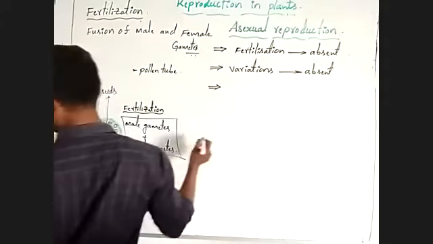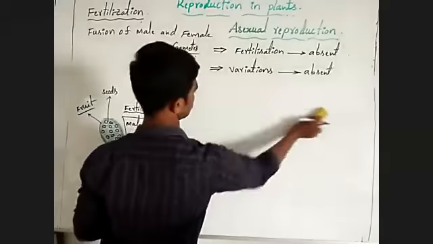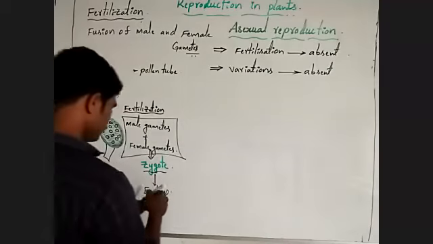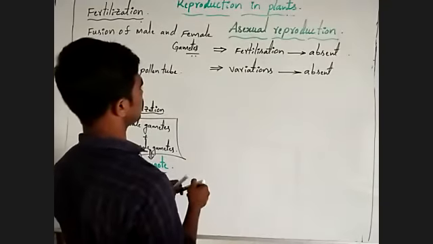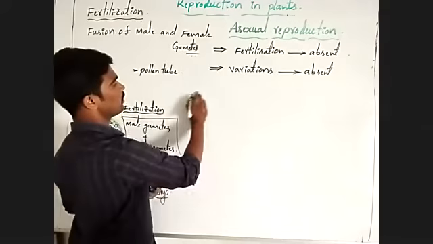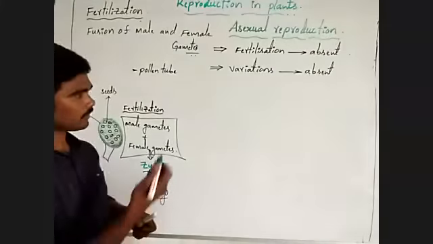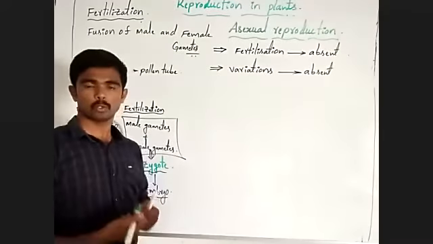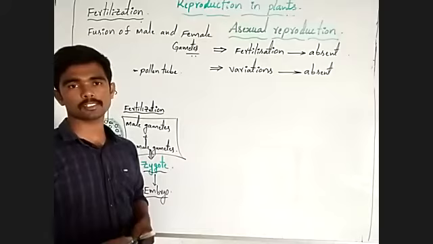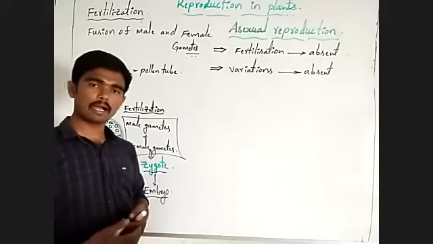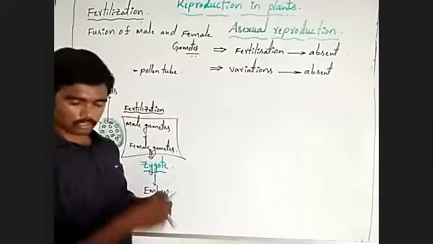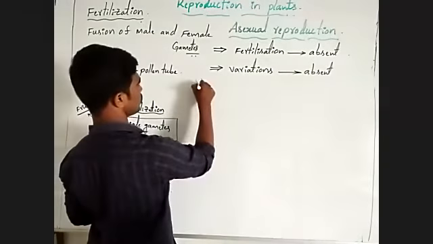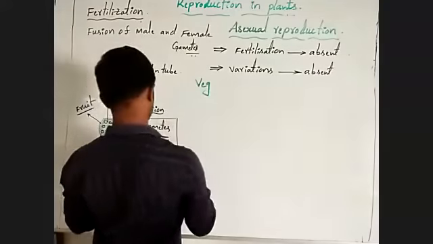In plants, there are different vegetative parts: leaves, stem, root. By these vegetative parts, asexual reproduction occurs. This type of asexual reproduction is called vegetative reproduction. Why do we call it vegetative reproduction?